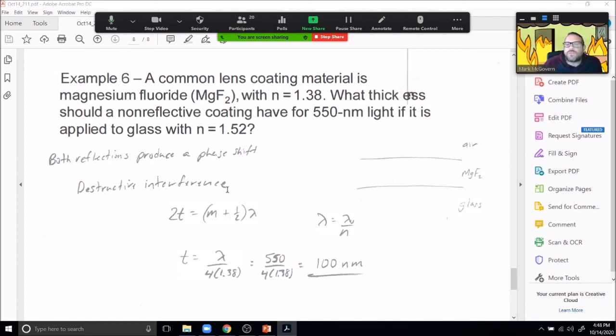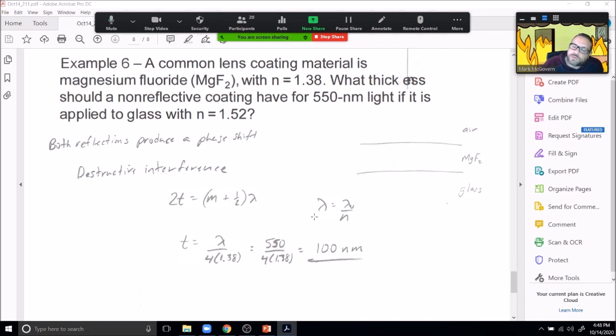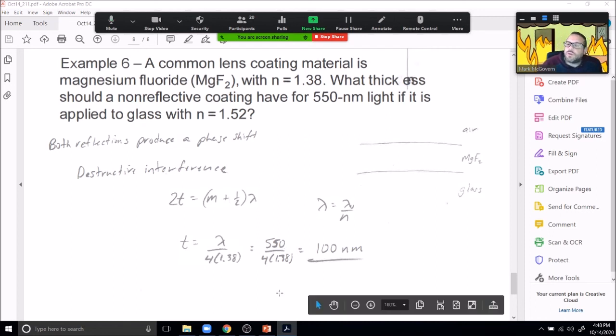Therefore, our destructive interference condition is the half integer multiples of lambda. Don't forget to put your lambda in terms of what it is inside the magnesium fluoride. We're not trying to cancel out the 550 nanometers, because when it gets into the magnesium fluoride, it's different. Solve for t, we get a 100 nanometer thickness.